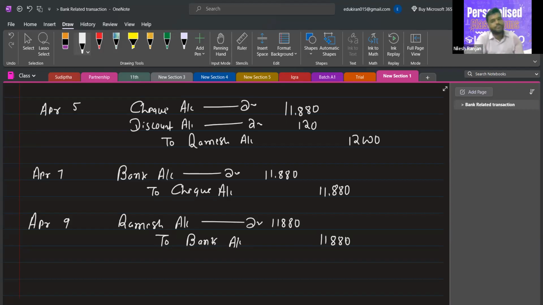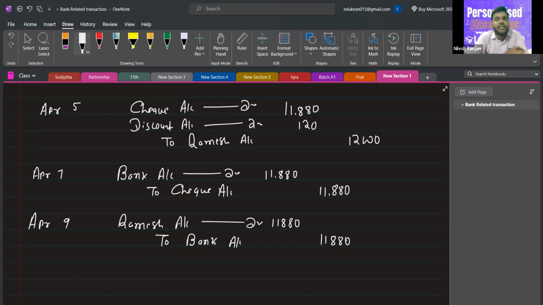But there is one more thing given on April 9, that the bank charge is 20 rupees. When a check is dishonored, the bank deducts some money from your account.